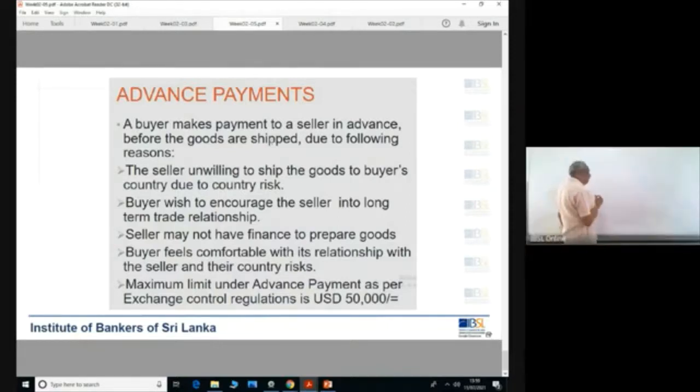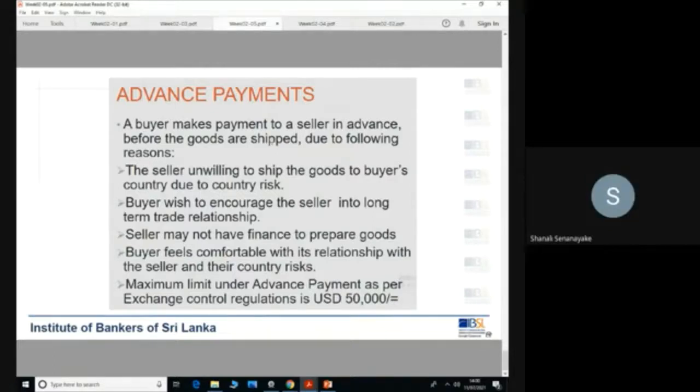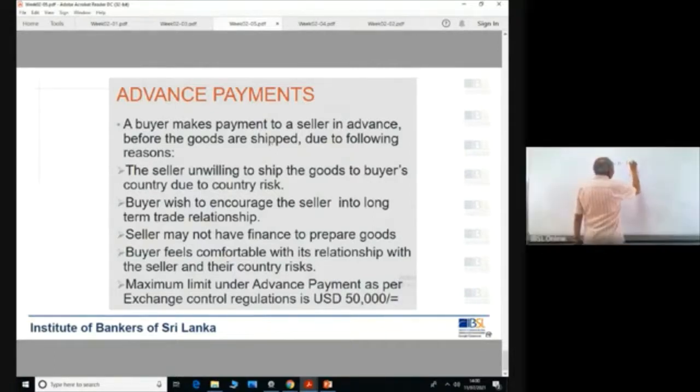No. Open account. No limit. In Sri Lanka, how much? There's no limit.